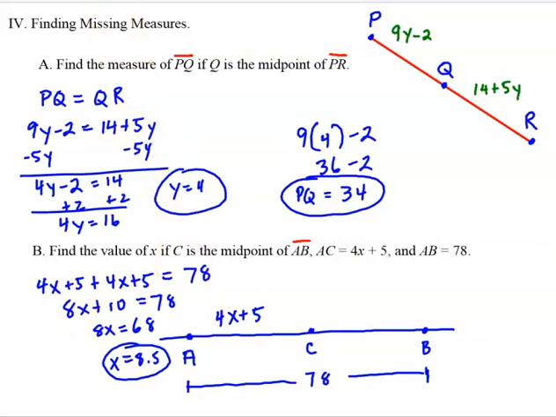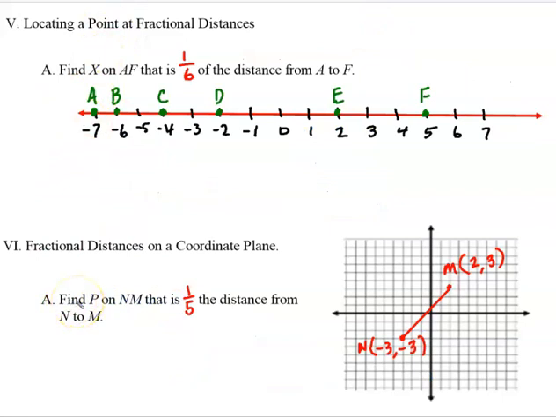All right, let's move on to the last type of problems that we're going to do. These are not midpoints that we're trying to find between two endpoints. We want to be able to find any point in between two endpoints, that's what we call a fractional distance.